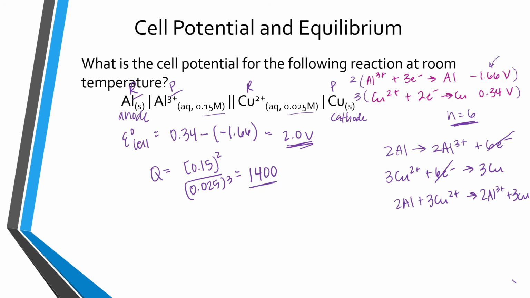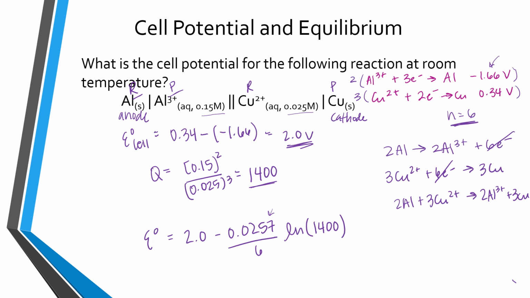So there are my 3 values that I have to calculate to plug into my Nernst equation. So the standard potential minus 0.0257 over 6 natural log of 1400. Again, I'm using this because I'm not given an alternate temperature, so I have to assume that I'm at standard temperature.